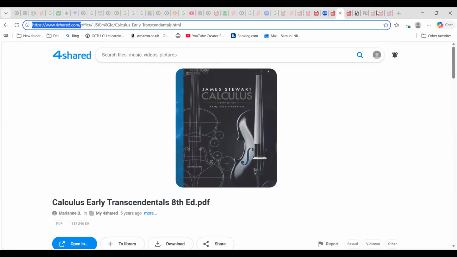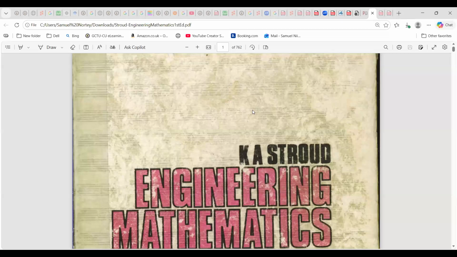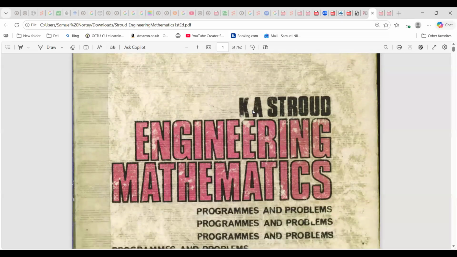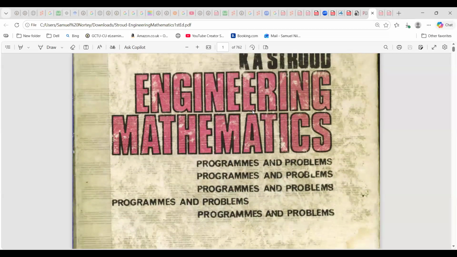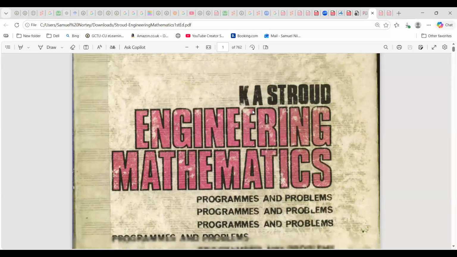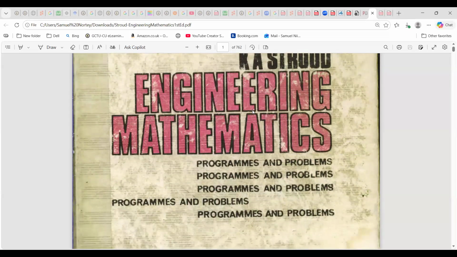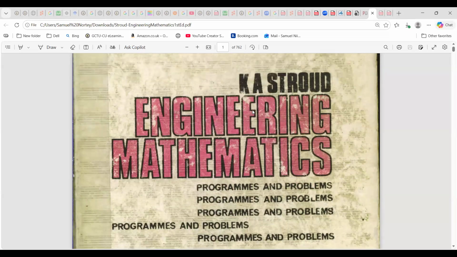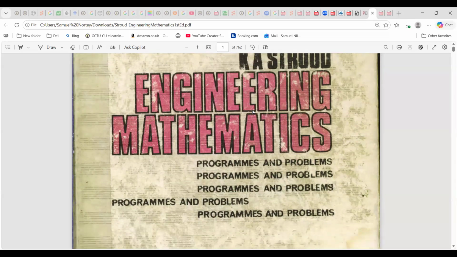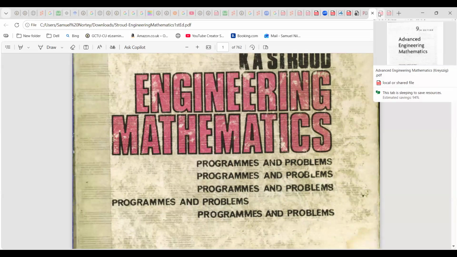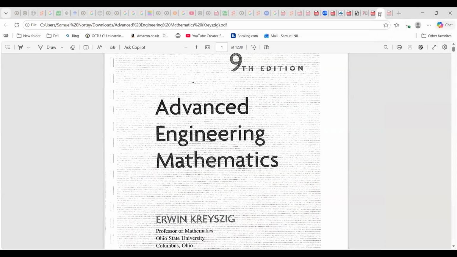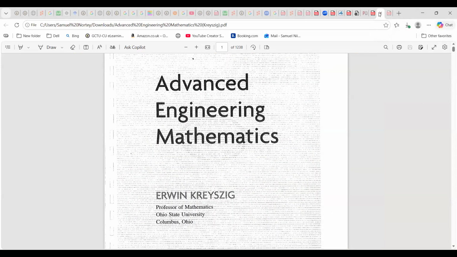So this one, this is K. Stroud. Obviously, these are scanned documents, so you may get the original, but they are scanned. So this is Stroud, Engineering Maths. Then the second one was Advanced Engineering Maths by Rising.